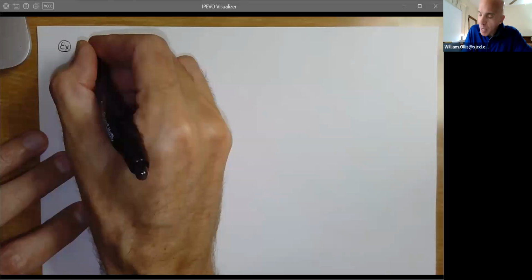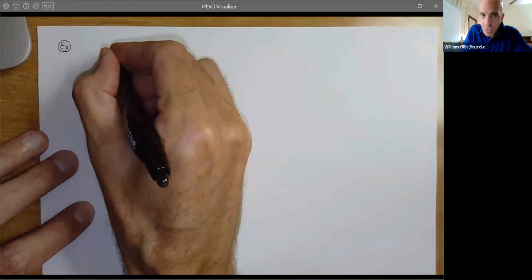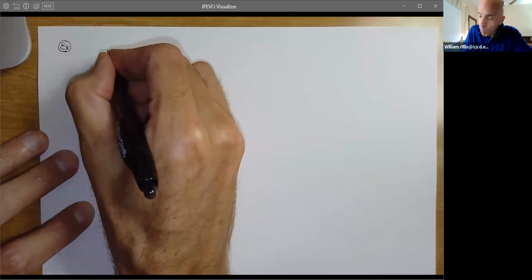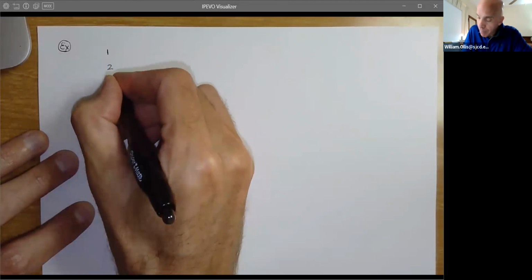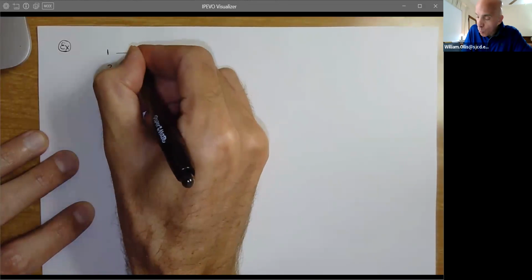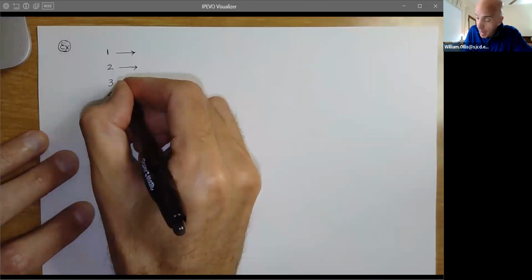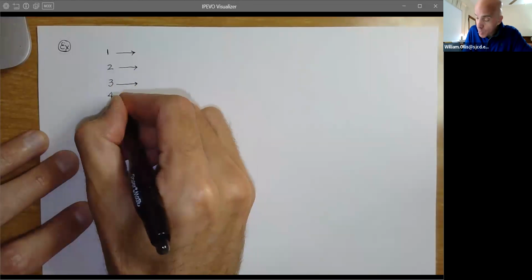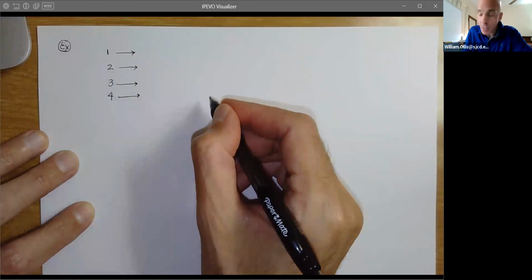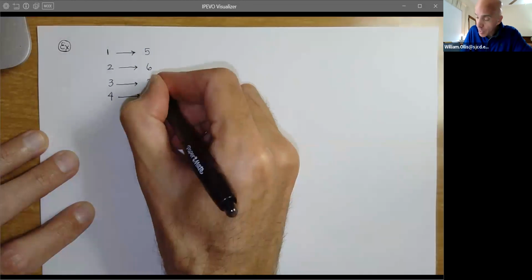So let's just say that we have the following setup. That is, I'll take real simple numbers: 1, 2, 3, and 4. And we're going to define a function F that maps each of these domain elements into unique elements in the range. So I'll just say 5, 6, 7, 8.